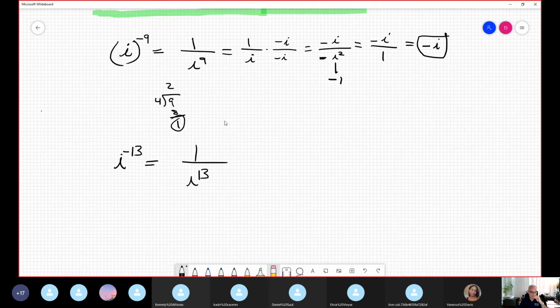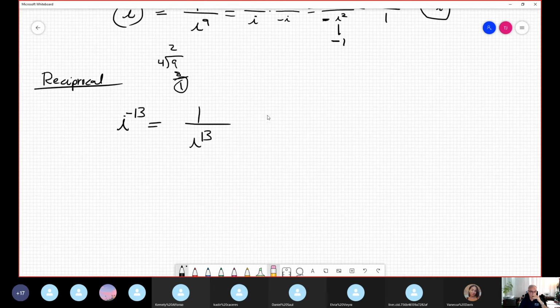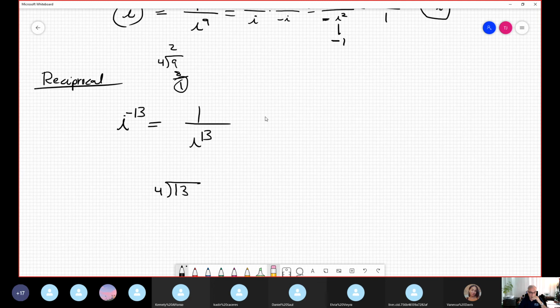Then i to the 13 I compute in one corner of the paper. 13 divided by 4 is 3, 12. Subtraction is 1.